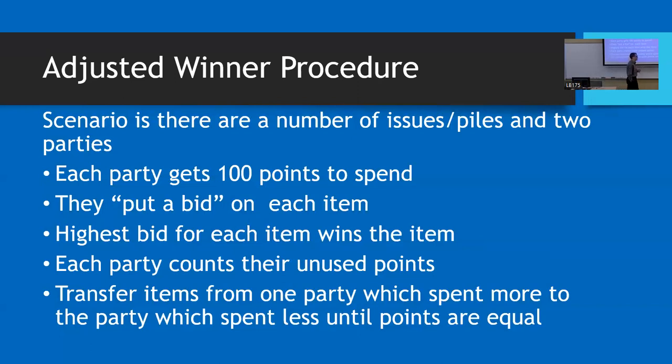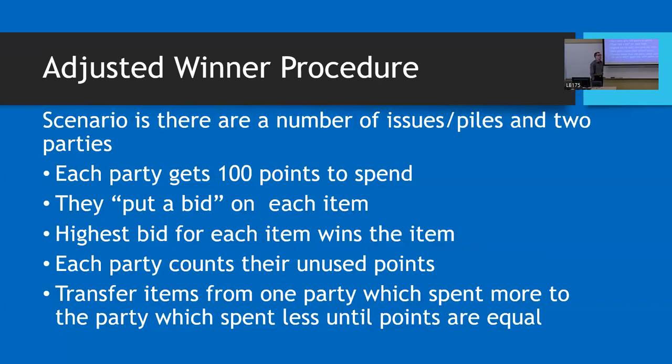Now, initially, on step one, we pretend that the highest bid for each item wins the item. So if I bid 30 points and the other person bid 20 points, I win the item. And we do that for all the items. Now, if we stopped there, it wouldn't be fair, because sometimes I might walk away with too many points.